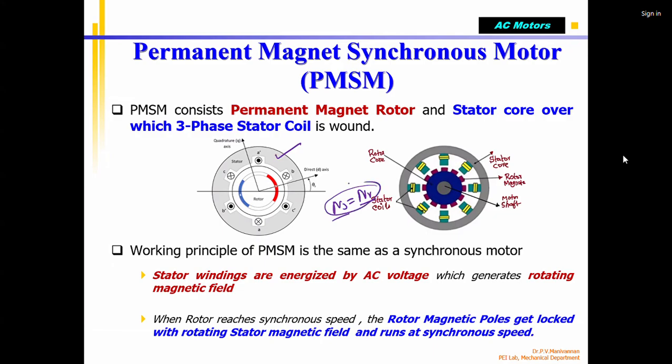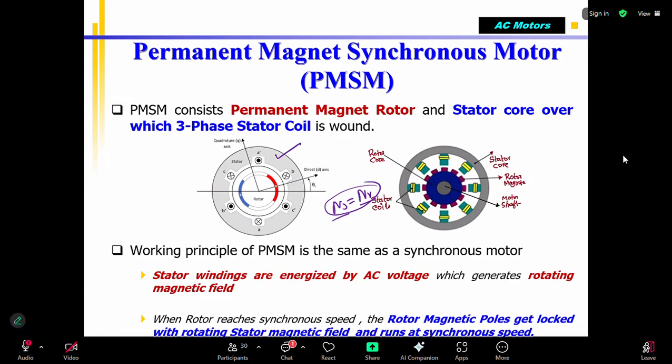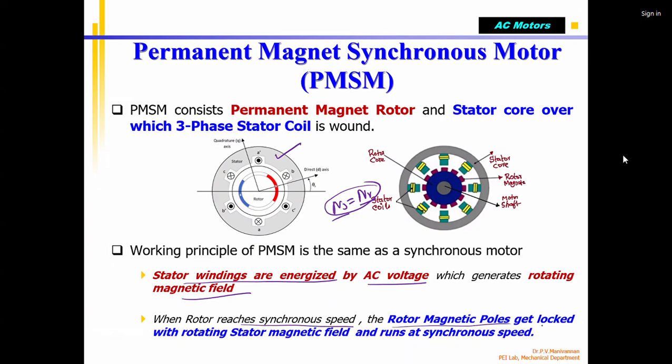After that, if you change the frequency, the rotor speed will change, NS will change, and this happens automatically. So it is energized by AC with a rotating magnet. The rotor reaches synchronous speed by external means, the rotor magnet gets locked, and with the rotating stator field they run at synchronous speed. After that, you can remove the external means.